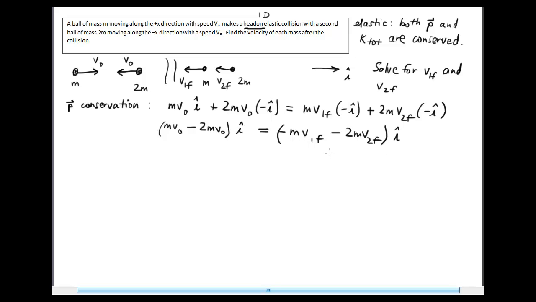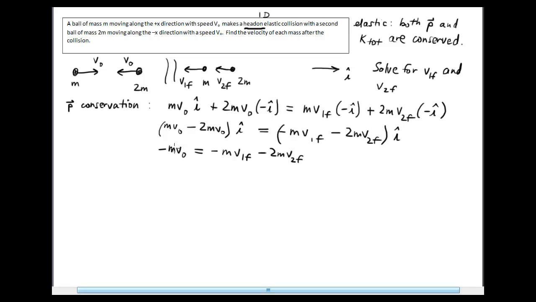If those two are equal, then the terms in parentheses must be equal. So on the left hand side I have negative m v0, and on the right hand side I have negative m v1f plus 2m v2f.